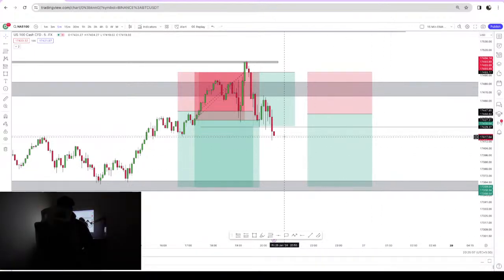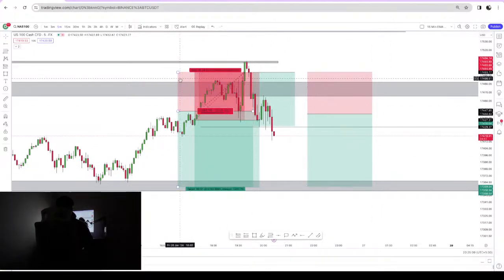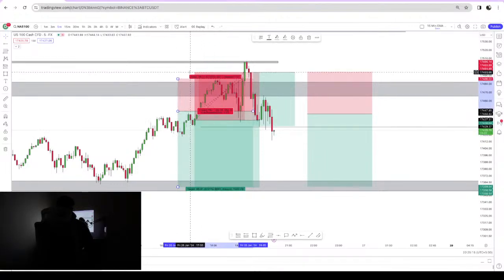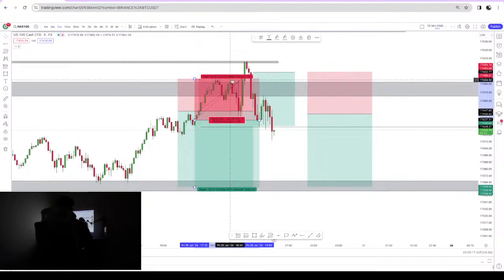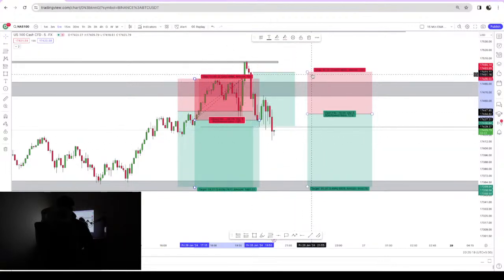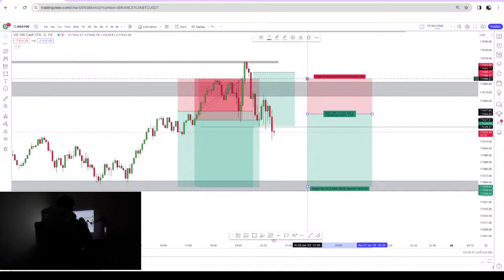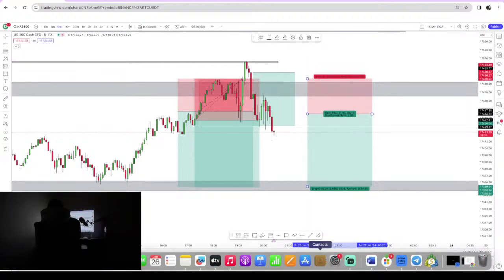Okay, we'll keep trailing our stop loss. Now I'll shift the stop loss here, all the trades, right? And I'm doing it with my mobile, that's because it's easy for me.